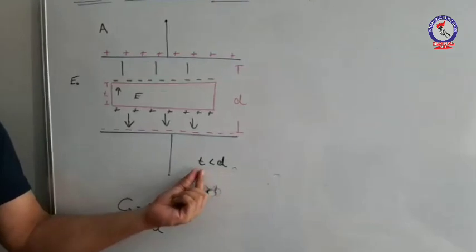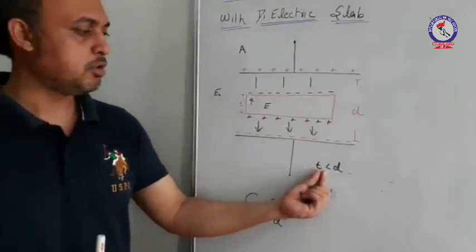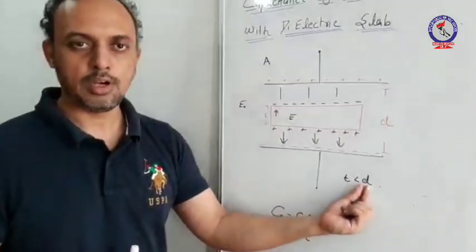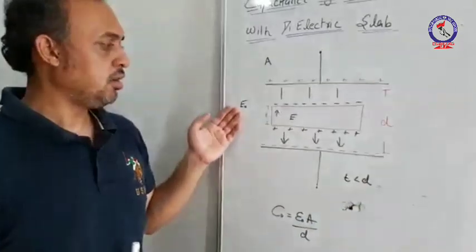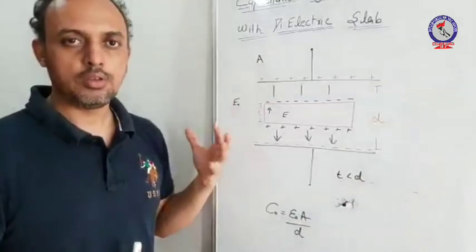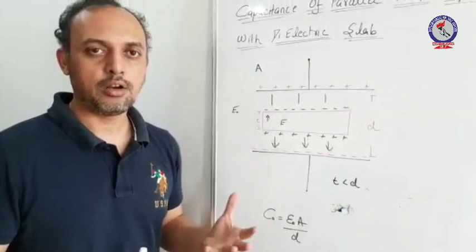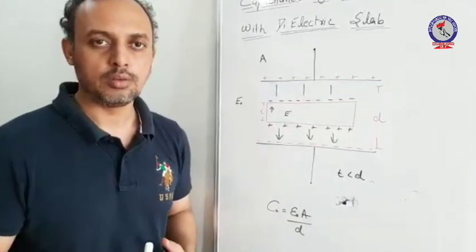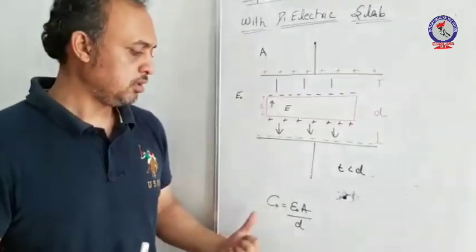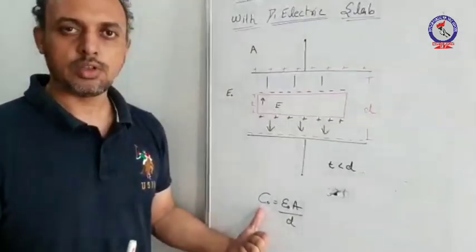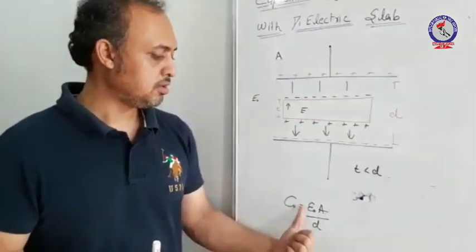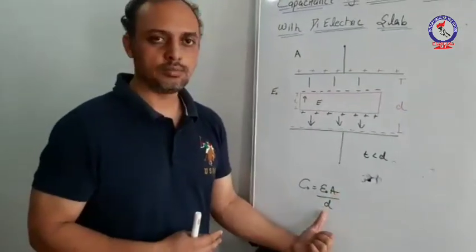Remember this condition, that the thickness of the dielectric slab should be less than the distance between the plates. E0 represents the magnitude of the field existing inside the parallel plate capacitor with air in between. Therefore, the capacitance with air or vacuum in between the plates is epsilon 0 A by d.